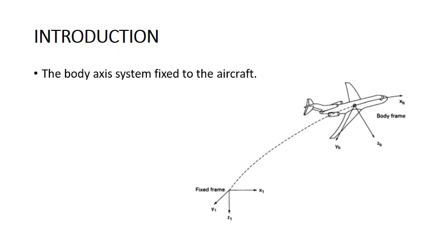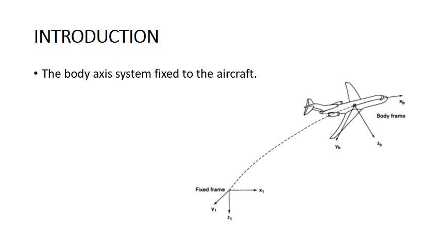The y-axis, the y-body axis, is defined out the right wing of the aircraft, and the z-axis is defined as down through the bottom of the aircraft in accordance with the right-hand rule. It is relatively easy to determine the moments and products of inertia in the body axis system because it is fixed to the body of the aircraft.